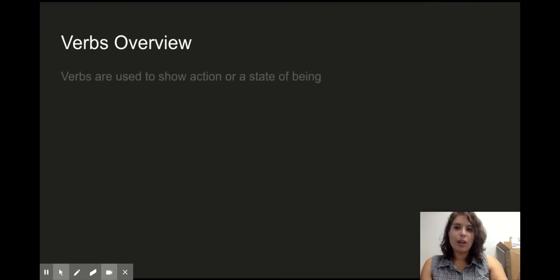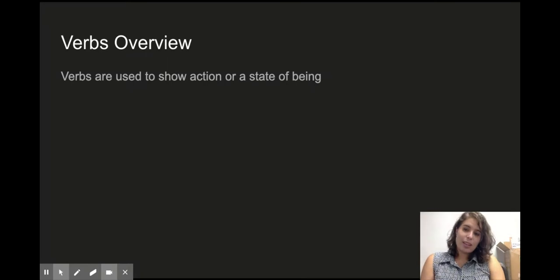So, quick overview. In Latin, as in English, verbs are used to show action or a state of being. So action words like to run, to jump, to sing, to swim, words that show action, those are verbs, same in Latin. And then state of being is the slightly trickier piece. This is the verb to be.